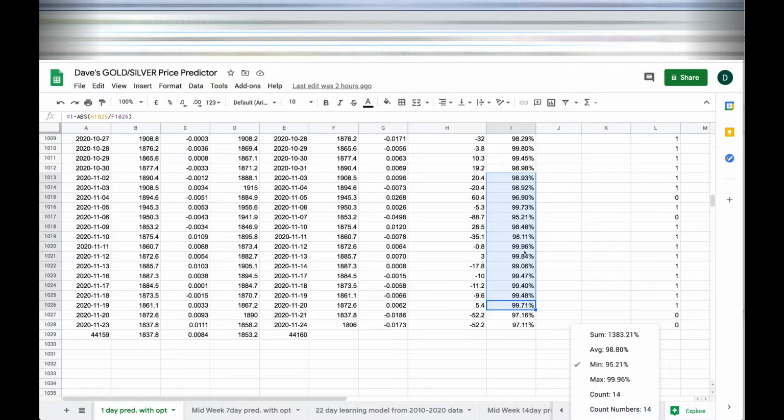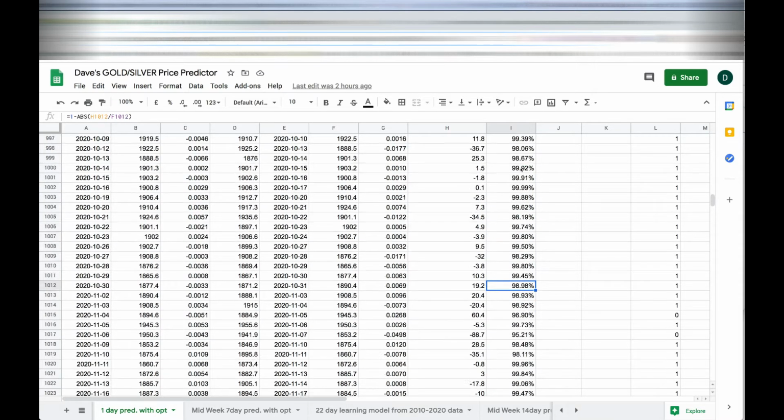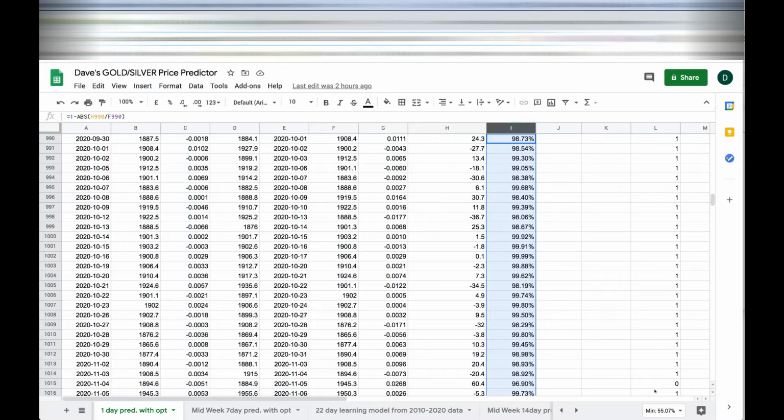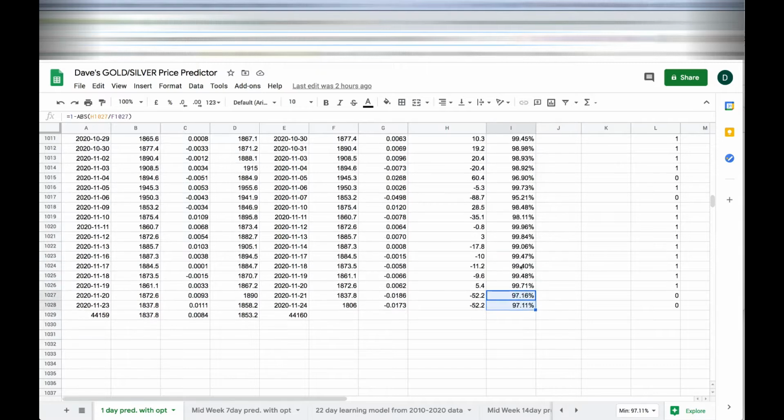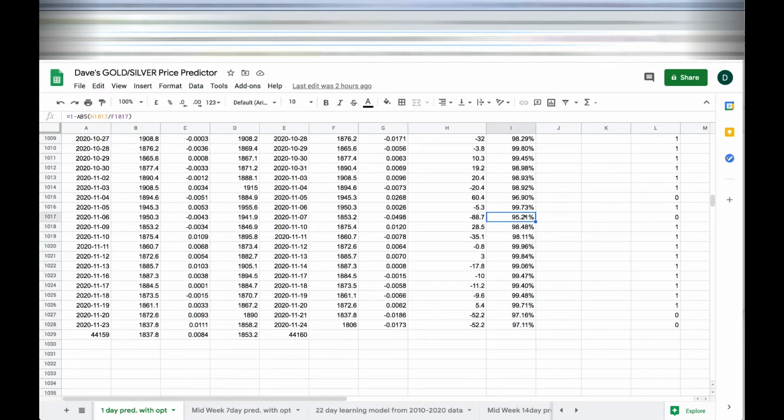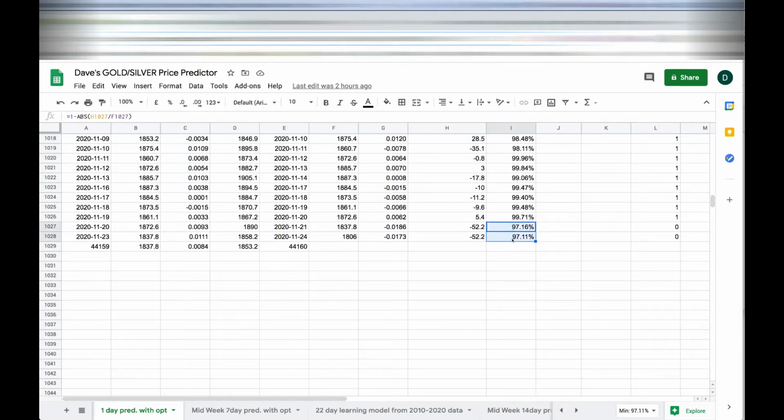We have close to 99% accuracy on average. But whenever there are strong news trades, we see the average drop below 98%. And over the last few days, we are seeing a 3% drop in the accuracy of gold prices.